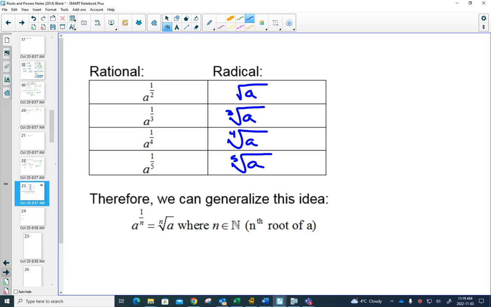Any natural number. Remember this symbol? That means natural numbers. Natural numbers are 1, 2, 3, 4, 5, 6, 7, 8, 9, and so on.